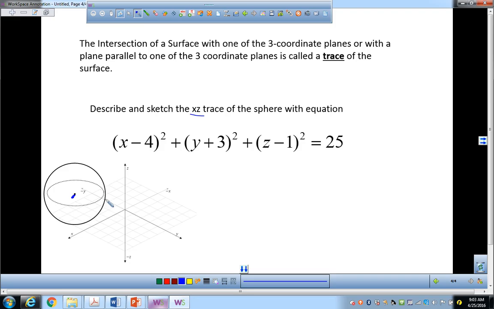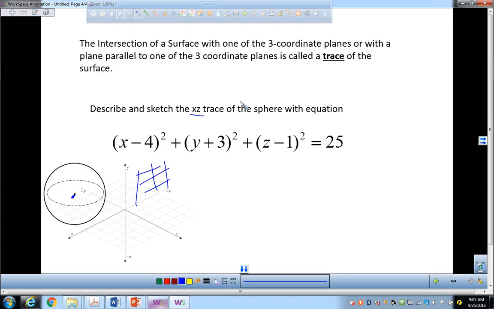The XZ plane is the one going this way. It doesn't matter either way because it's a circle. Yeah, you get a cross section of a circle. Does everyone see that? Okay.